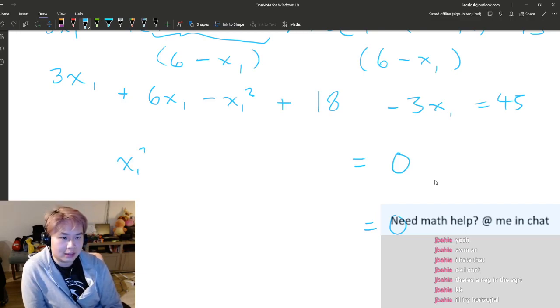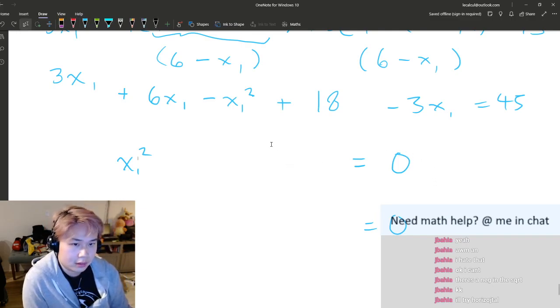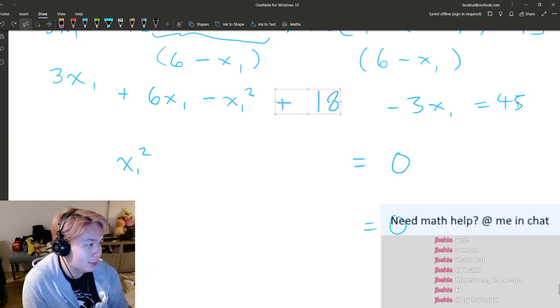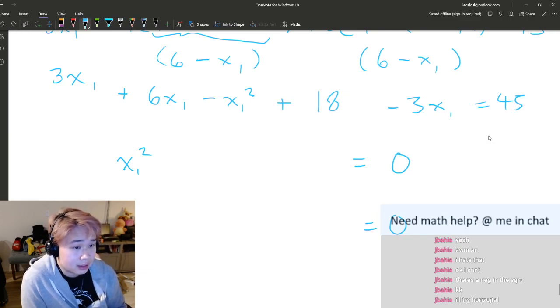Okay, so let's see. If I take this and bring it over here, then I get positive. And then I also take the 18 and bring it over. So 45 minus 18 is 27. And then this is minus 6x1.